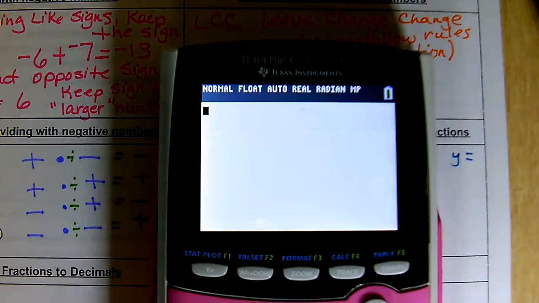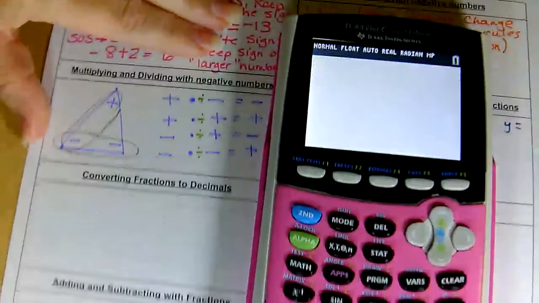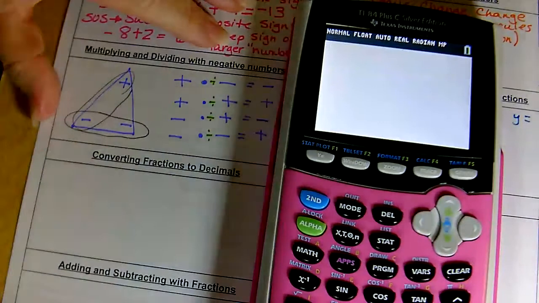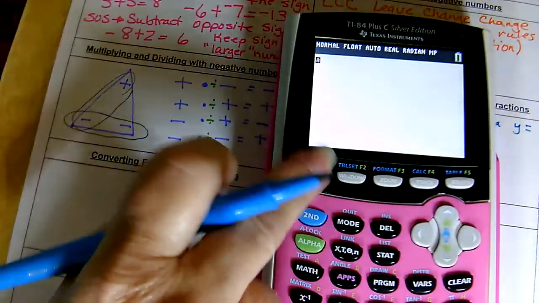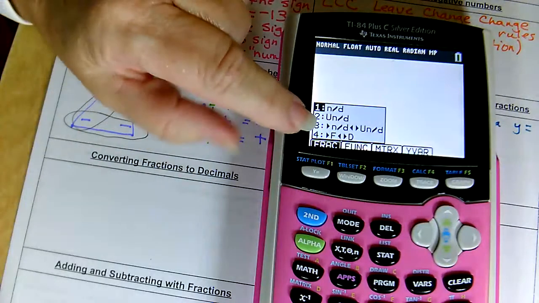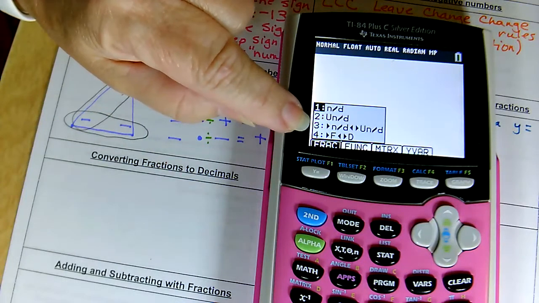Those of you at home, if you hit alpha and y equals, can y'all see the fraction stuff that pops up?